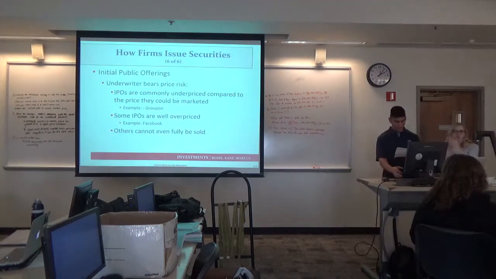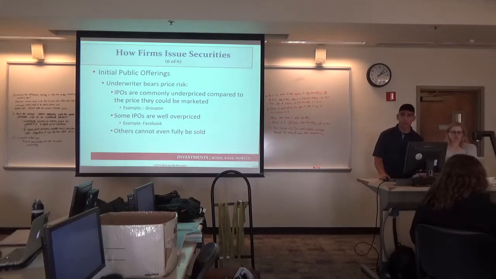This is important because you don't want to undervalue or overvalue the risk. Let's say a company goes public at $20, but the market is actually able to support $25. You are therefore undervaluing that IPO.